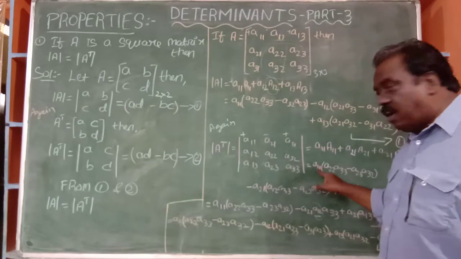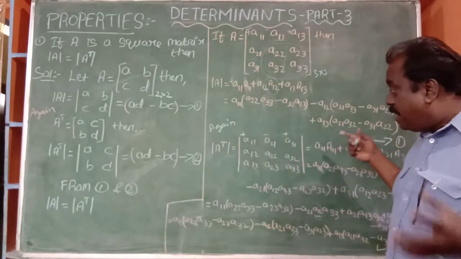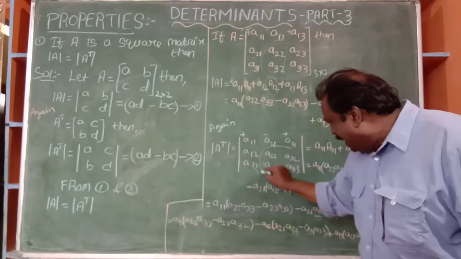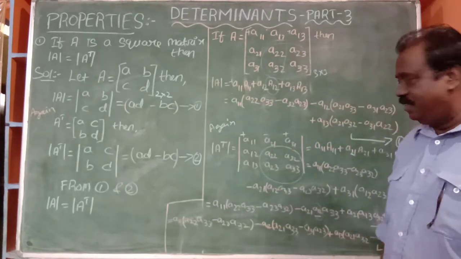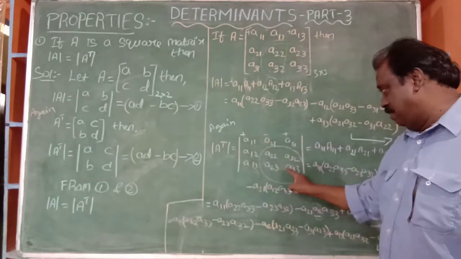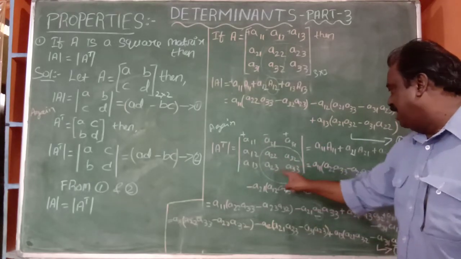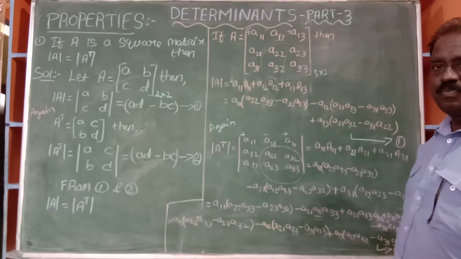a11 as it is. But capital A11 means, with this plus sign, we calculate the minor: a22, a33, minus a23, a32.